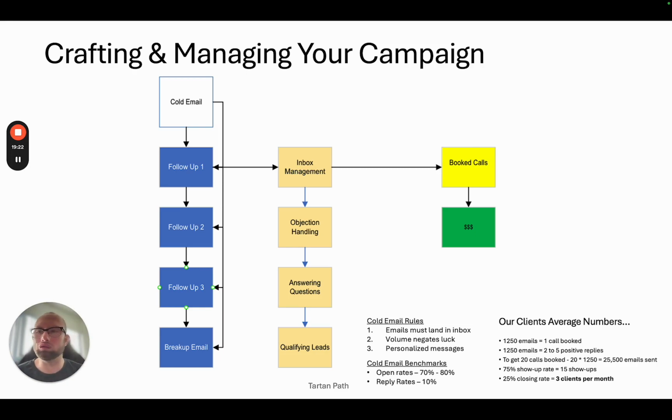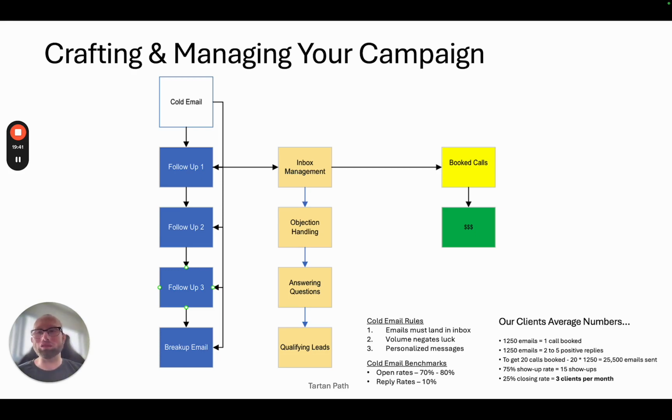And then let's say you close a quarter, maybe a fifth or a third of those people, there's your 3 clients, right? And that's our email crafting and managing of your campaign.